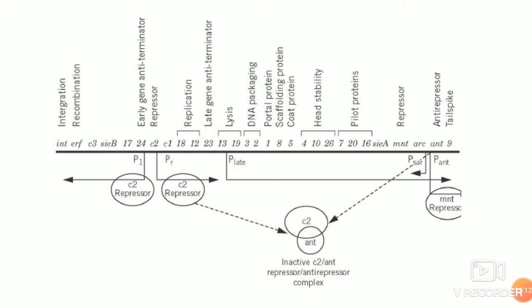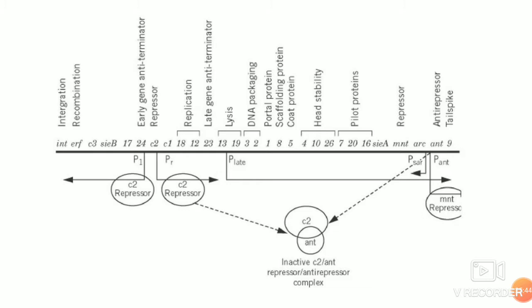Entry into the lysogenic pathway is controlled by the genes C1 and C3. These gene products stimulate the production of C2 repressor protein immediately after infection. C1 binds as a tetramer to the promoter PRE, the promoter for repression establishment, and stimulates C2 synthesis.